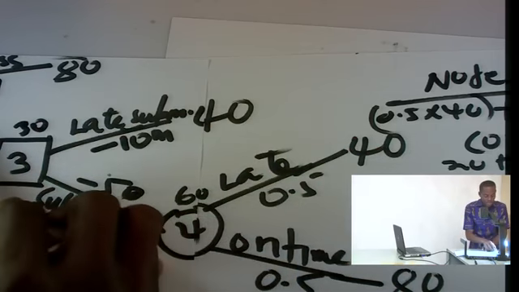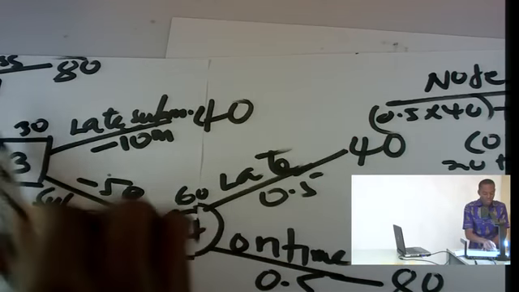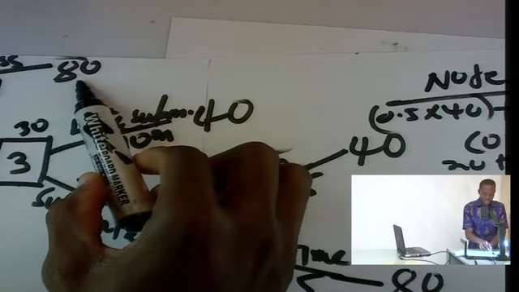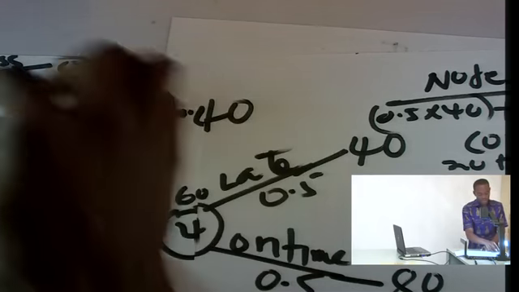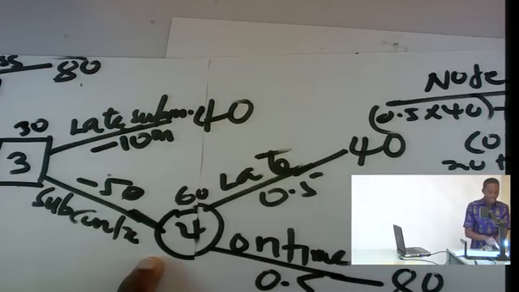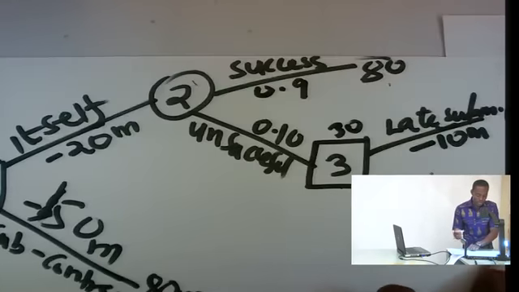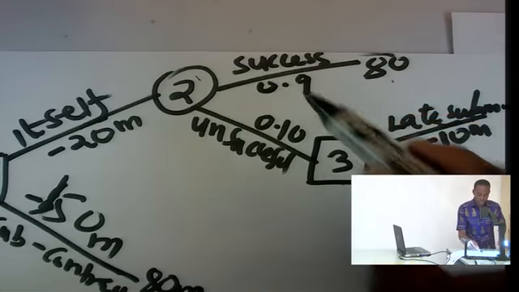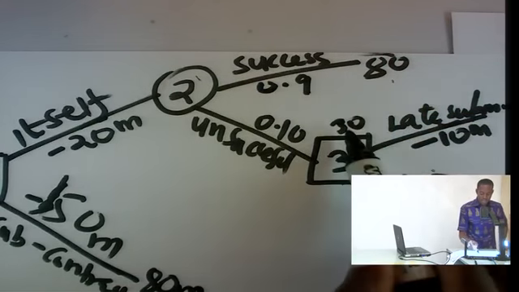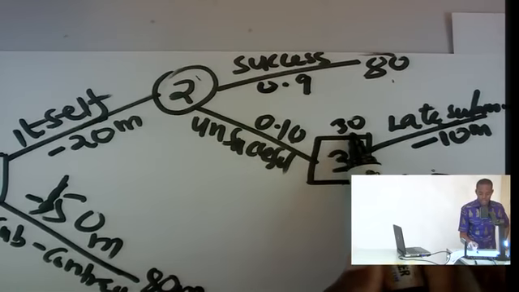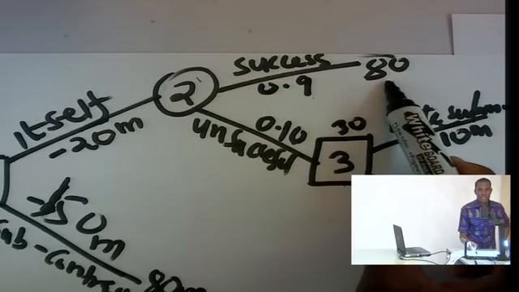Then it continues in that order. You multiply 0.1 times 30 plus 0.9 times 80. Whatever that value is, you put it here. So here, I have 30 times 0.1 plus 0.9 times 80.